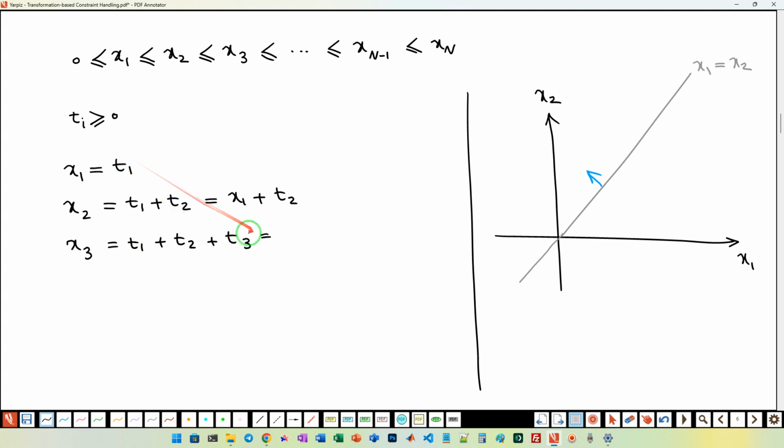That's the cumulative sum of these t's, and that's x2 plus t3, and xi equals t1 plus t2 up to ti, or simply xi minus 1 plus ti. If we define our variables in this way, we can be sure that the values are actually in ascending order, and we can have this chain of constraints handled.